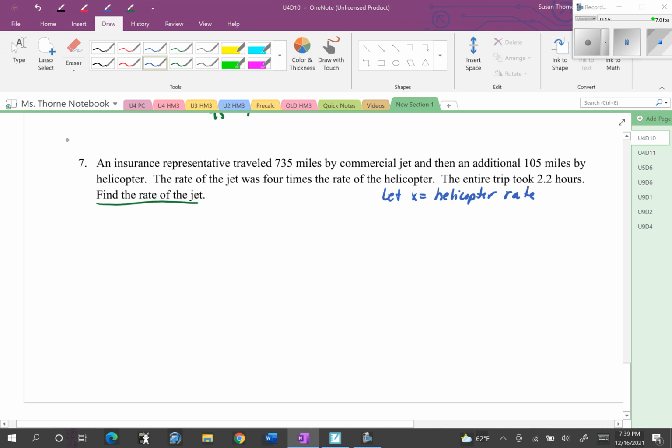Remember when we're doing these types of problems, distance equals rate times time. So if we're solving for the rate, the rate is equal to the distance over time, which is why we've been doing miles over speed in the other problems. And in this case, we're going to do miles over the time.